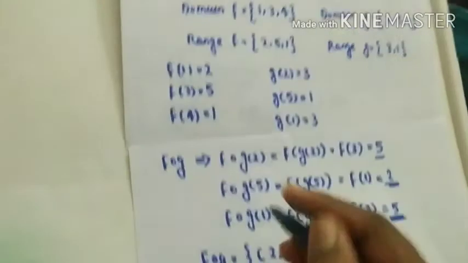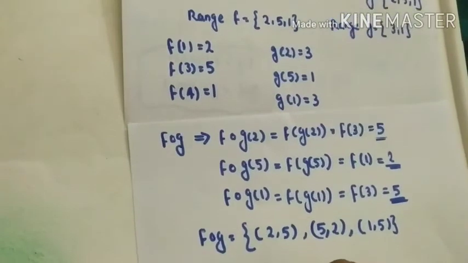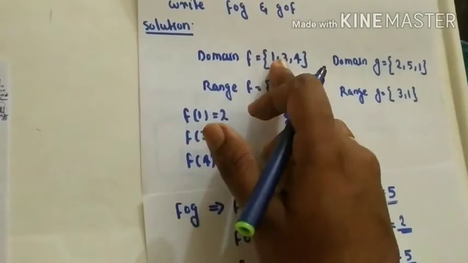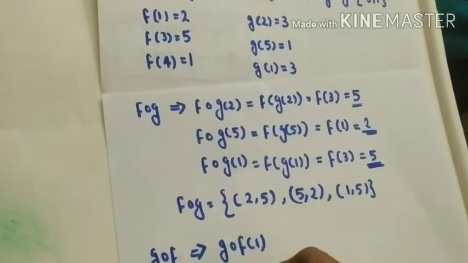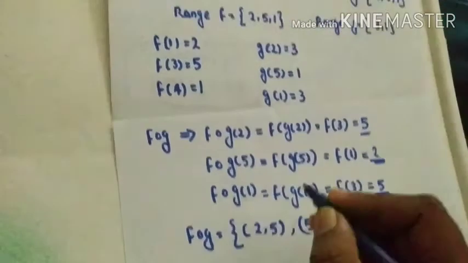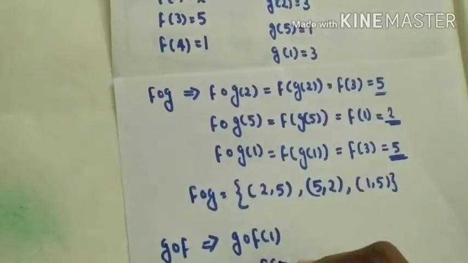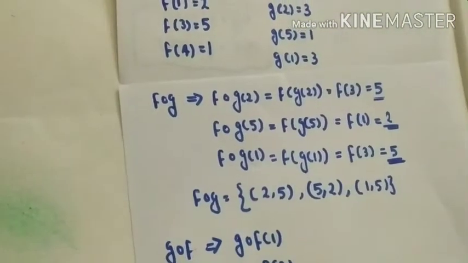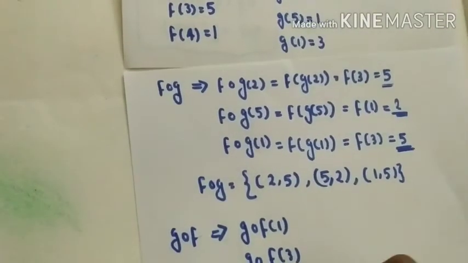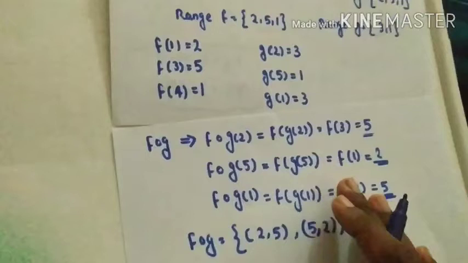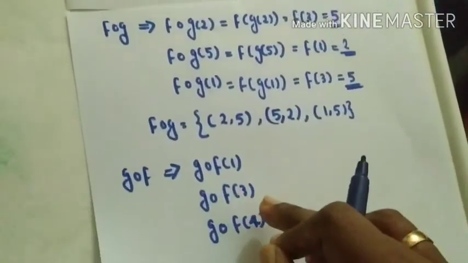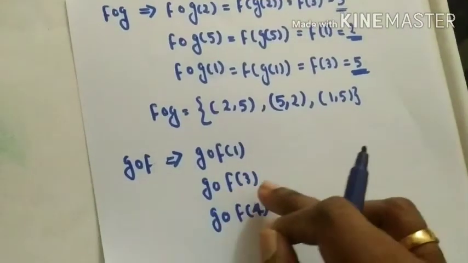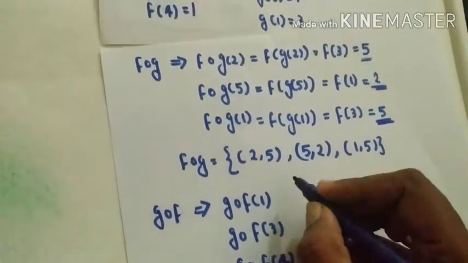So we need to find g of f of 1, g of f of 3, and the next one is g of f of 4. The domain of function f contains 1, 3, 4. So we need to calculate g of f of 1, g of f of 3, g of f of 4.